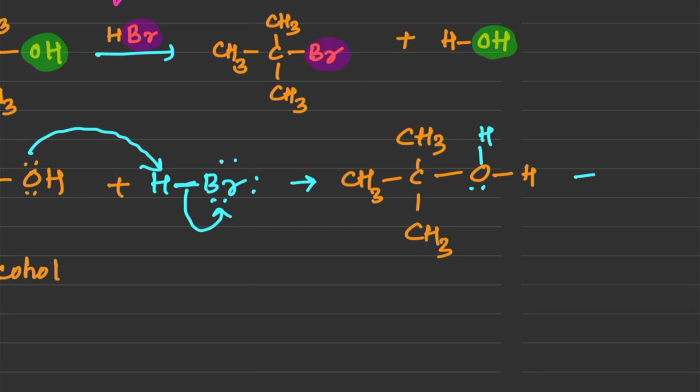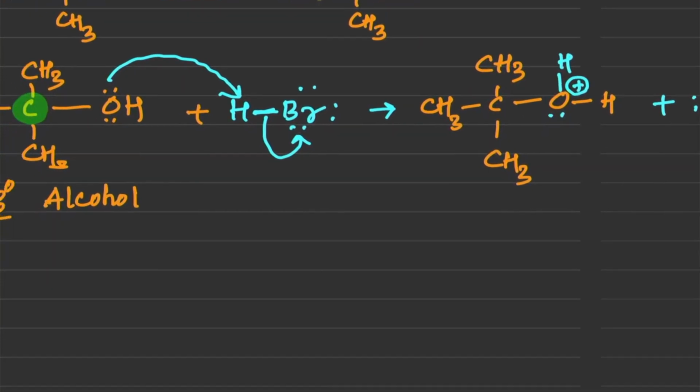I'll get back to this molecule in a second, but let's look at bromine. Bromine had 6 electrons before, now it has collected 2 more. Bromine has 8 electrons and an extra electron, so it will have a negative charge. Now oxygen has 3 bonds, and it forms 3 bonds by giving away 1 electron, so it will have a positive charge.